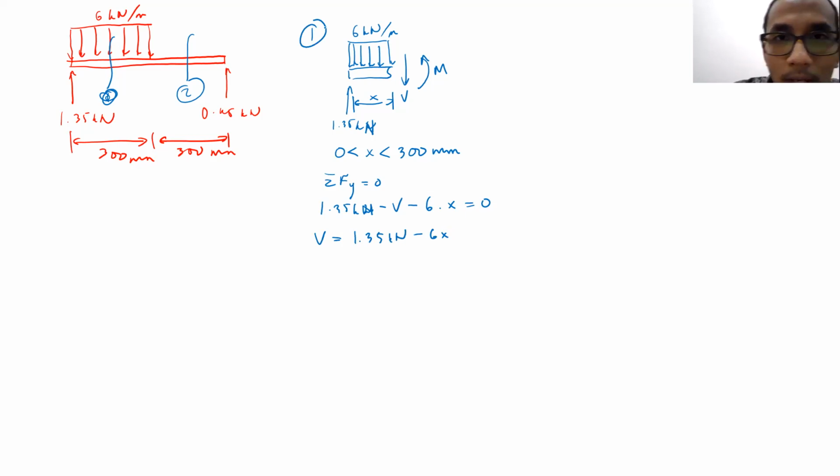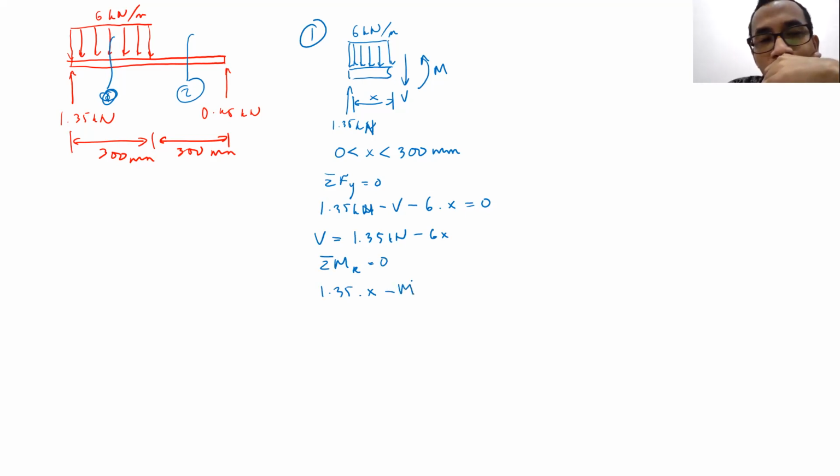Now, in order to find the equation for the moment M, what equation are we supposed to use? We'll use the sigma moment from the right side. Okay, sigma moment from the right side equal to 0. What do we have there? It will be 1.35 kilonewton multiplied by x. What else? I think it should be minus M. Okay, minus M. What else?